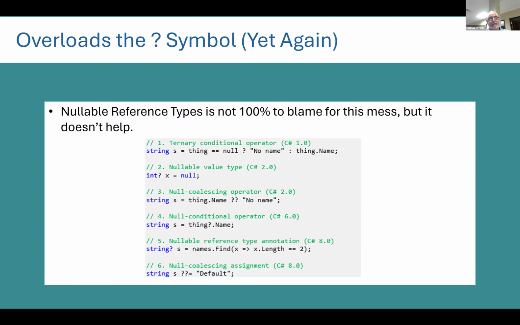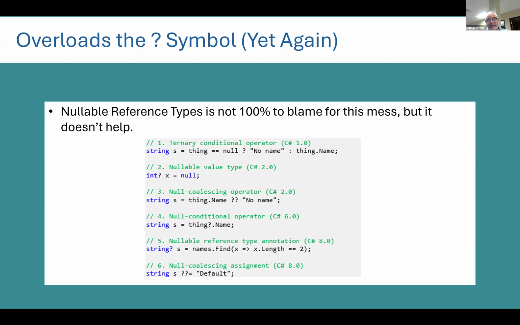The null coalescing operator in C#2 uses the double question mark. The null conditional operator in C#6 uses the question mark. Nullable reference type annotation in C#8 uses it, and then the null coalescing assignment in C#8 uses it. And now in C#12, we have yet another one. I forget the name of it. I do use it, I just don't want to misstate it.